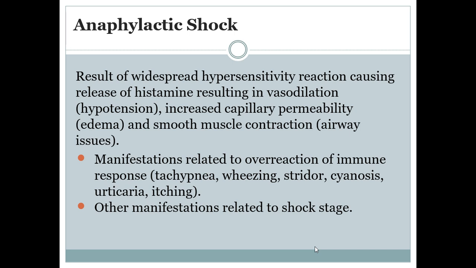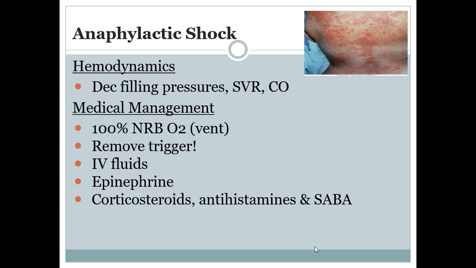You'll see a sudden onset and rapid progression of skin or mucosal changes. And then, of course, other manifestations will relate to the shock stage and how severe. So hemodynamics include hypotension, tachycardia, decreased cardiac output, decreased filling pressures, and decreased systemic vascular resistance.